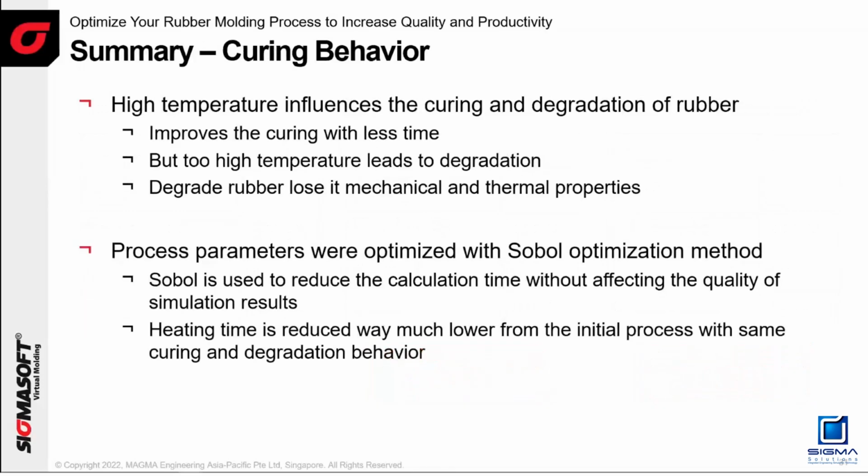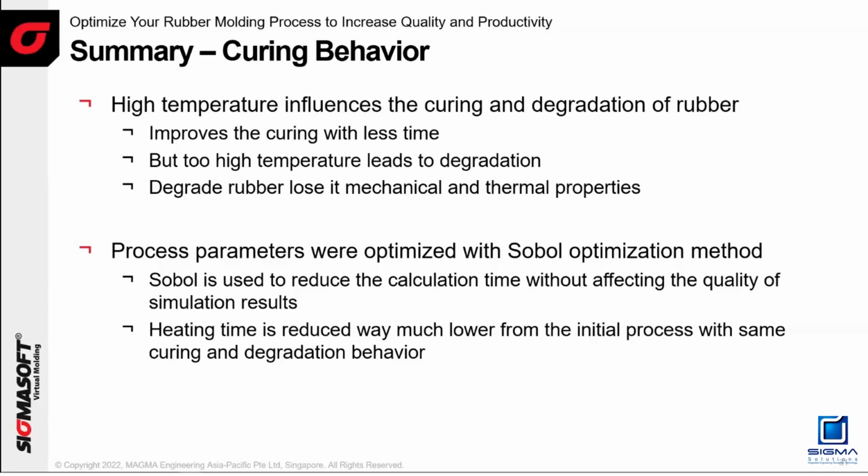So the summary here is that high temperature really influences the curing and degradation of the rubber. The temperature improves the curing with less time, but it also increases the degradation. So we really need to take this into consideration when we increase the temperature alone.